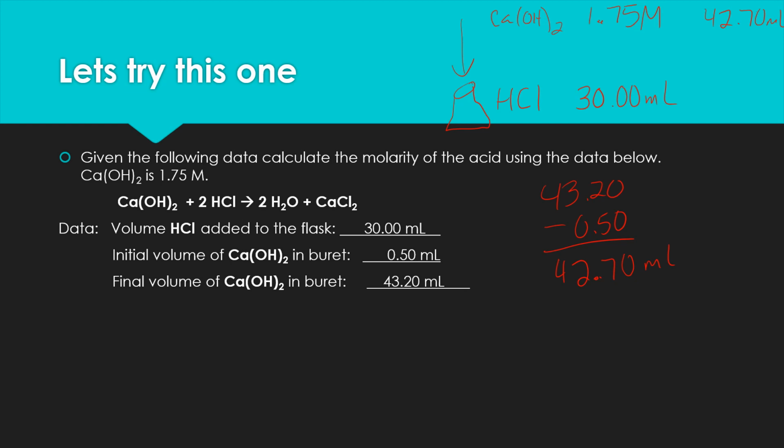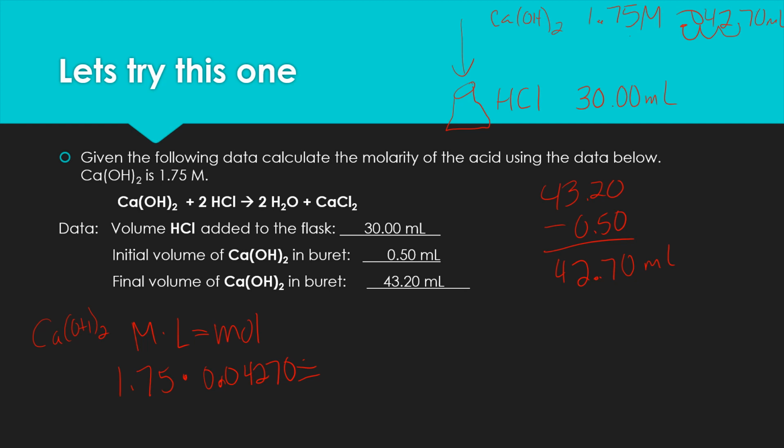So again, we're going to start with the one that we know the molarity and volume of. So we're going to start with calcium hydroxide. So again, molarity times liters gives us moles. Our molarity is 1.75. Our volume in liters, move that decimal 3 places. So 0.04270 liters, and that's going to give us our moles.